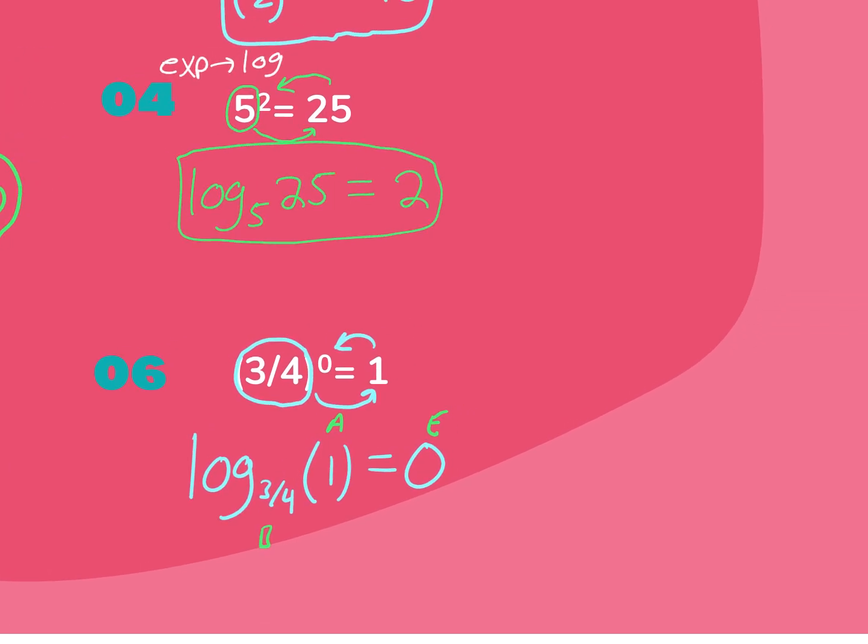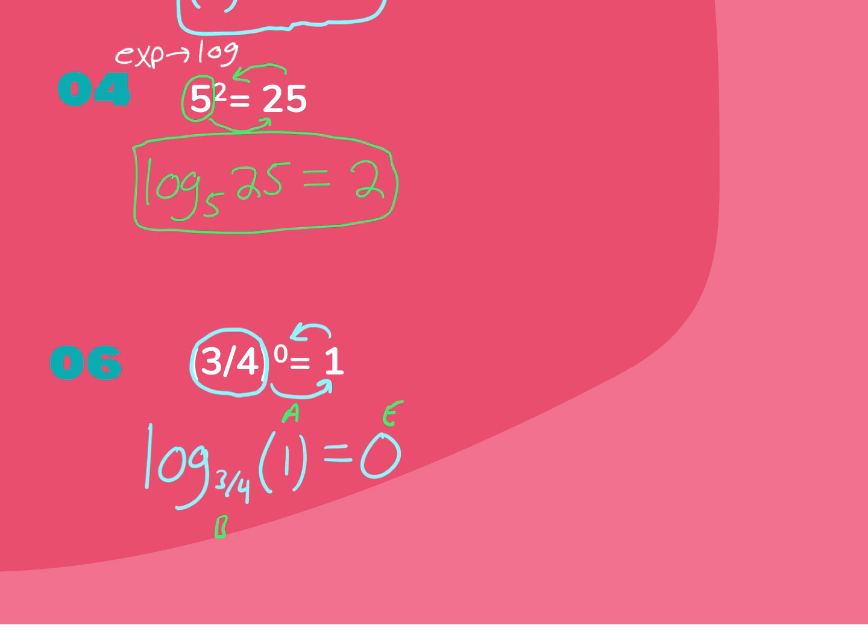One other thing that I learned when I started college in college algebra, the professor said something that kind of sticks. Bases are bases, meaning if it's the base in an exponent, it's going to be the base in a logarithm.